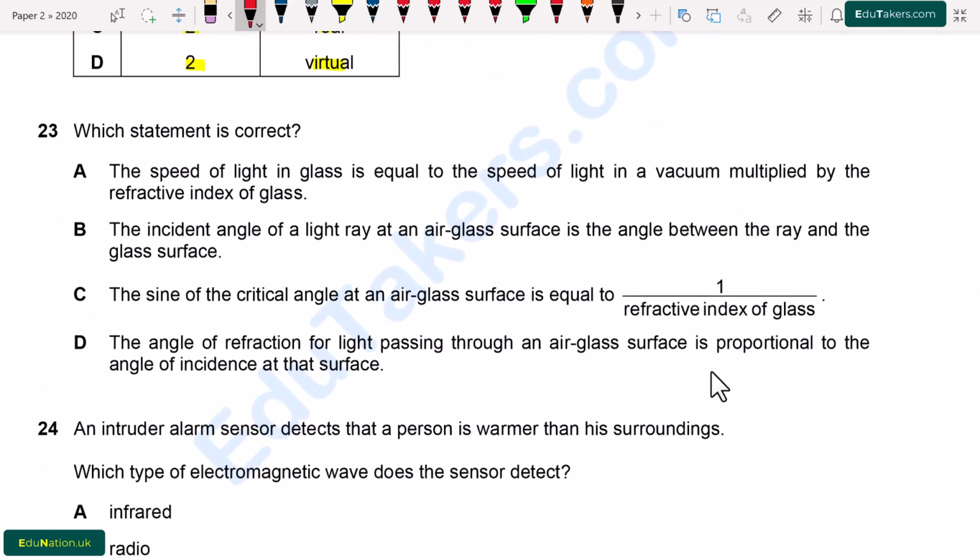Question number 23. Which statement is correct? A. The speed of light in the glass is equal to the speed of light in vacuum multiplied by the refractive index of the glass. B. The incident angle of the light ray at an air-glass boundary is the angle between the ray and the glass surface.